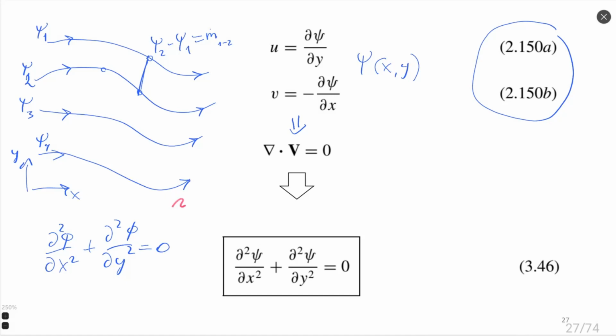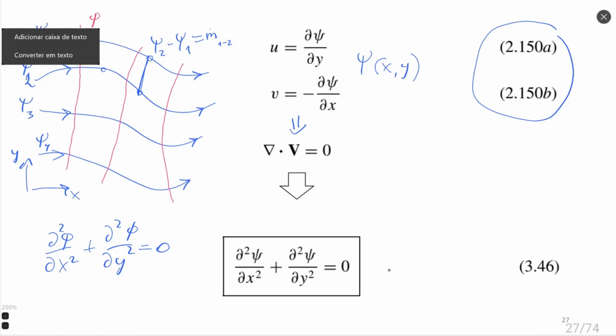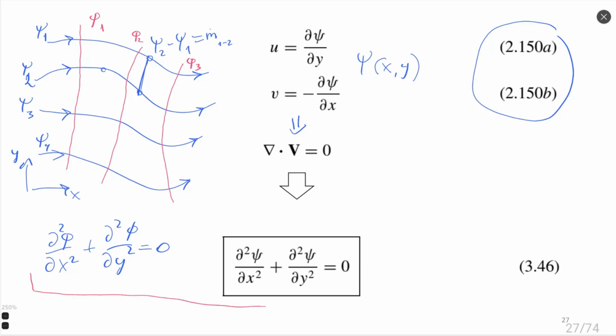I will just repeat the picture from our previous lecture, and if I try to build some potential functions phi1, phi2, and phi3, they are always perpendicular. So streamline functions are perpendicular to potential functions. But the flow is described by the Laplace equation in both of these cases. So why are the solutions different for the potential function and the streamline function?